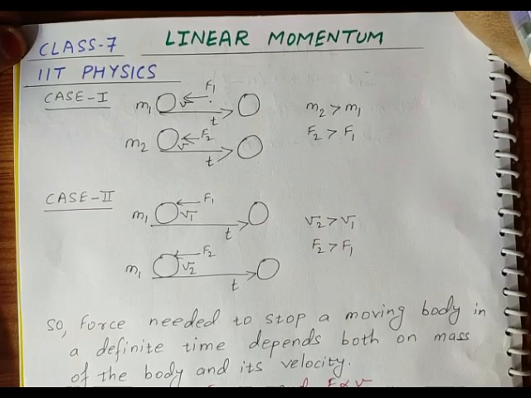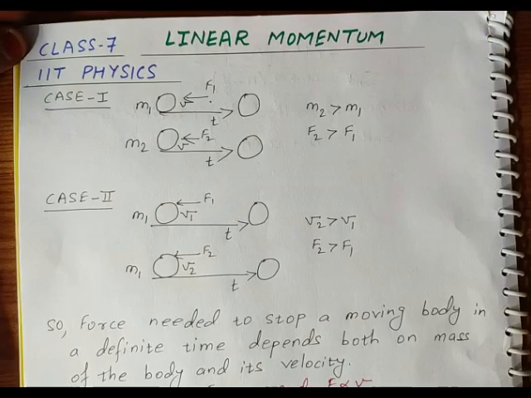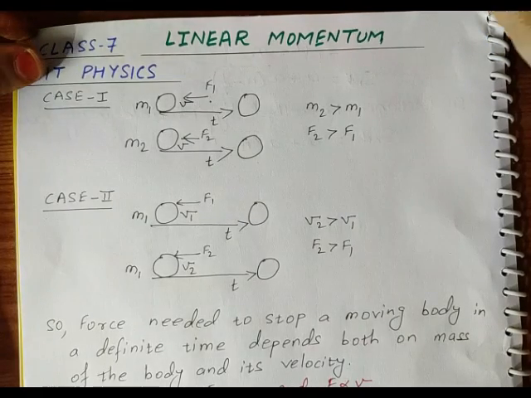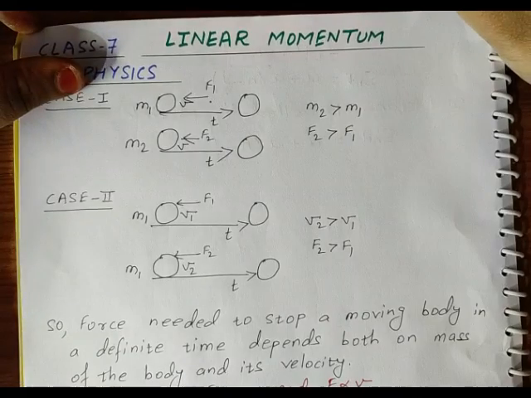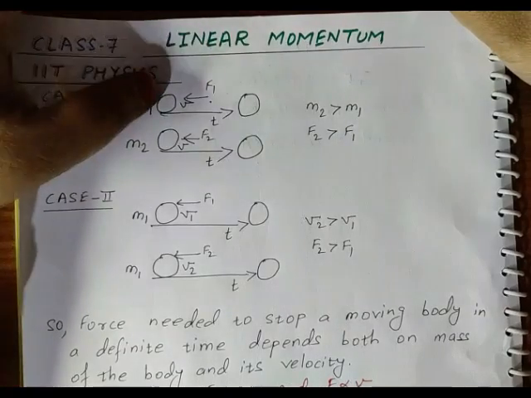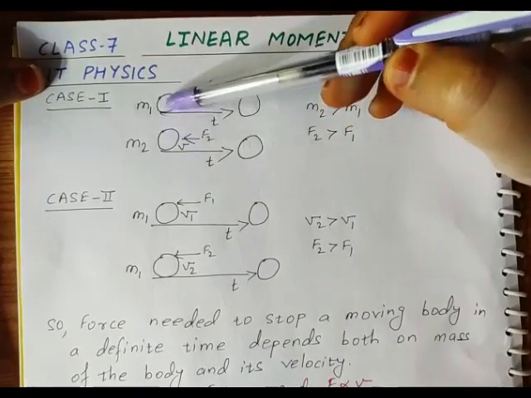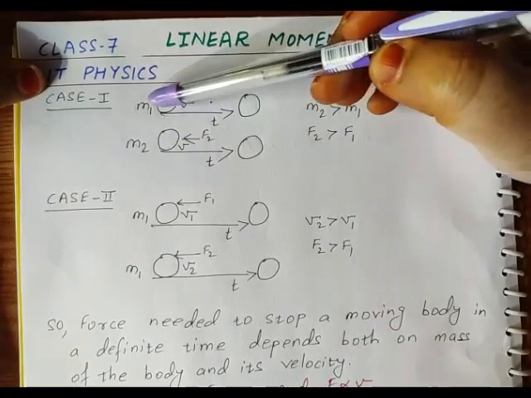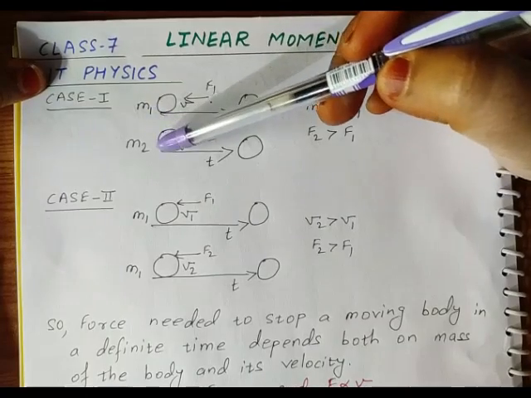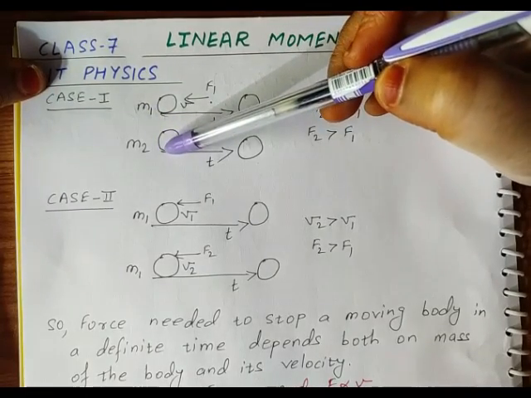See children, suppose there are two bodies. The first body has mass m1 and the second body has mass m2.